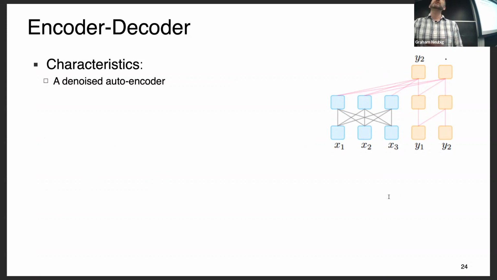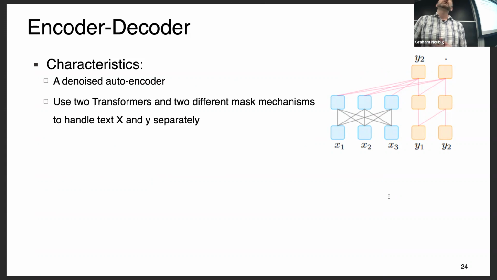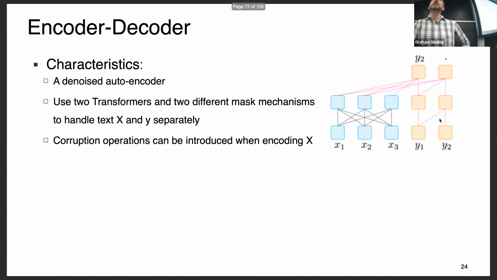I'll give some concrete examples pretty soon. And usually they use two transformers, one encoder and one decoder, to handle the input X and the output Y separately. So you can see this in this figure because we have the light blue examples over here from the encoder, and the orange examples over here from the decoder.